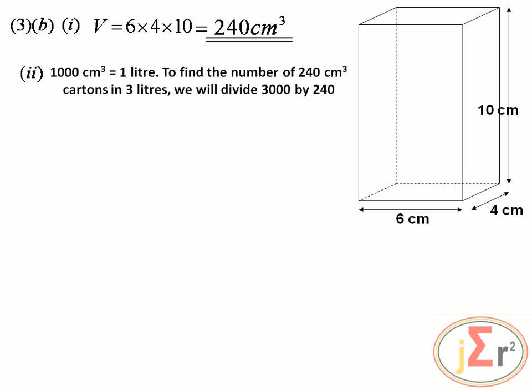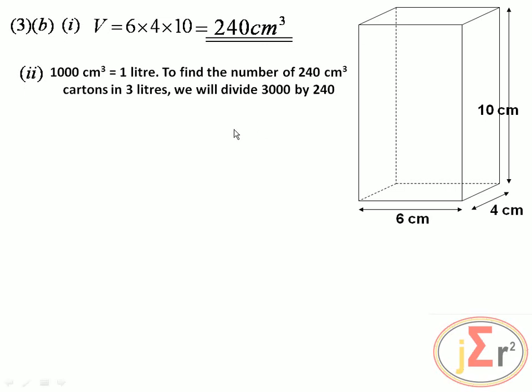Then we need also to determine the number of cartons that will be equal to those 3 liters. How do we do that? To find the number of 240 centimeters cubed cartons in 3 liters, we will divide 3000, which is 3 liters, by 240.